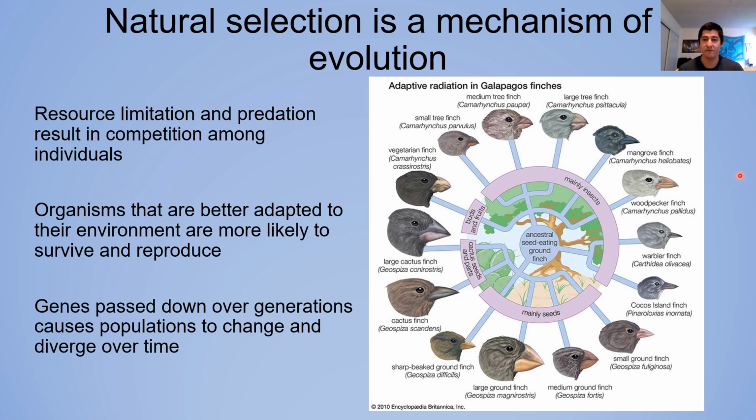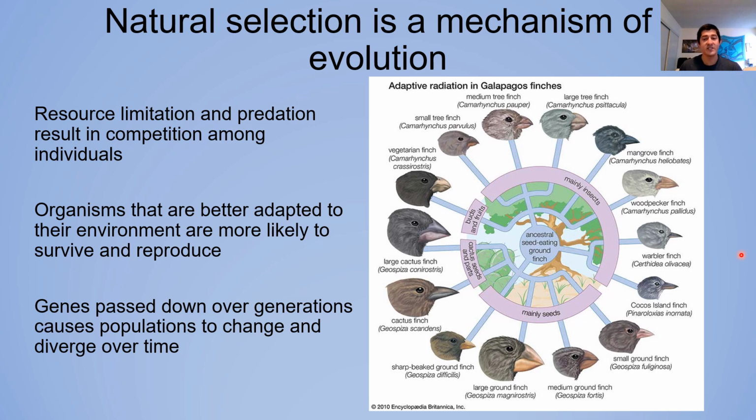seeds were really hard to find. And so birds that were able to take advantage of a different food source, such as insects, were able to go after a new food source and find their own little area of this ecological niche and survive and reproduce.